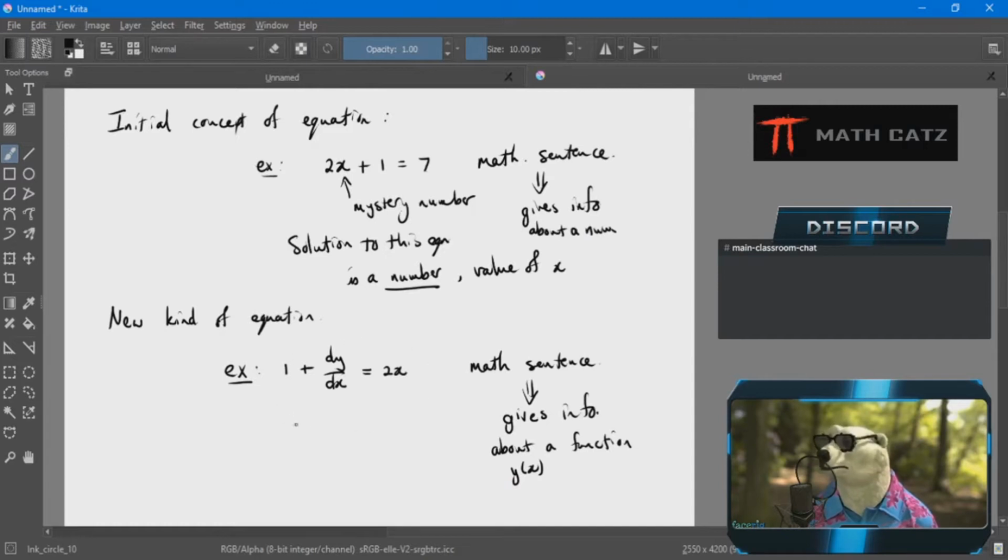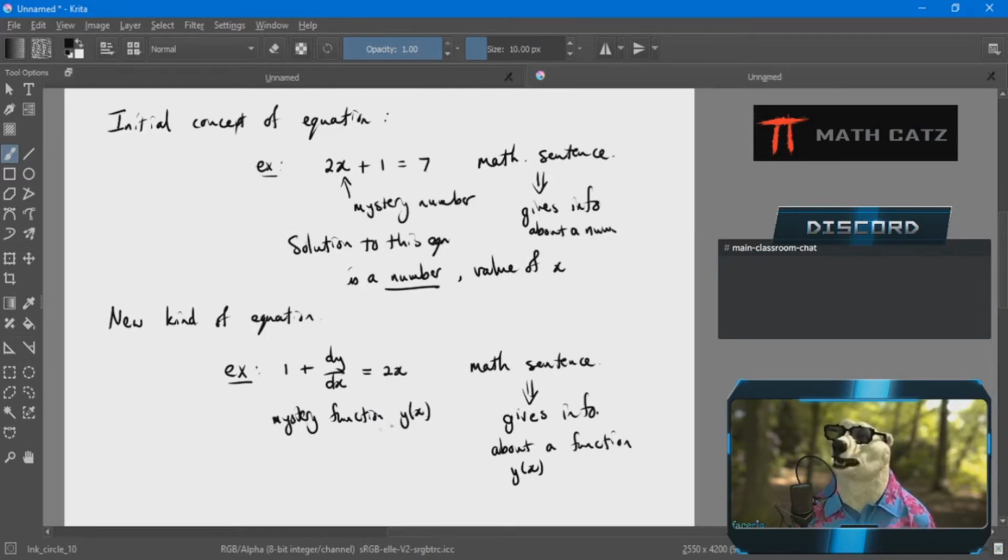And I'm trying to find the mystery function y of x. And the information that it gives me is that if I take the number 1 and I add the derivative of the function, I get an answer, so to speak, of 2x. So the sentence topic is different than my original style of equation that gives me information about a number.